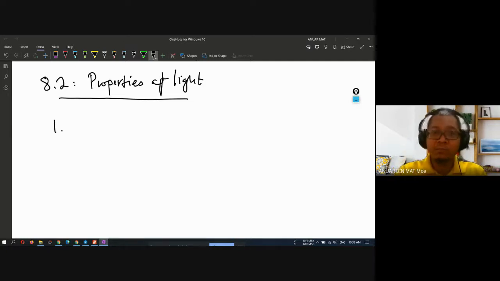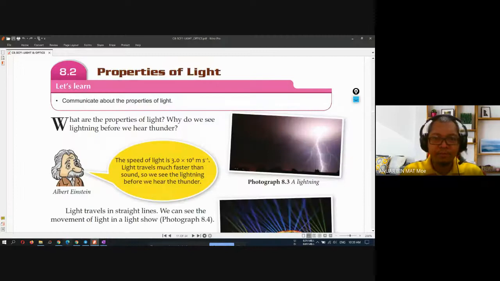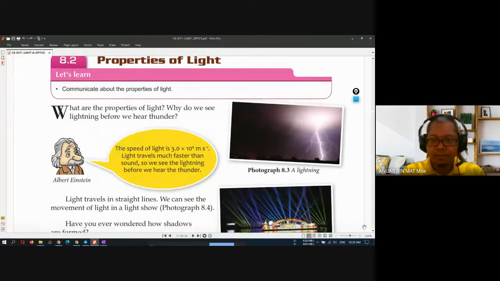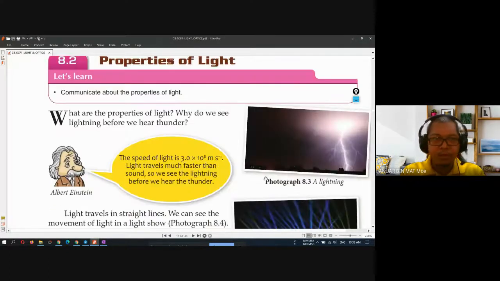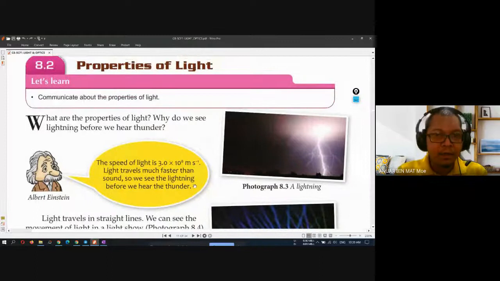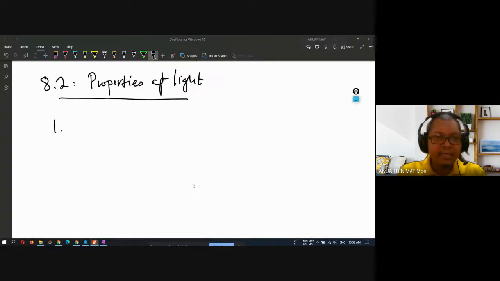So what's the first property of light according to the textbook here? Okay, right. So the first property of light is the speed. The speed of light.